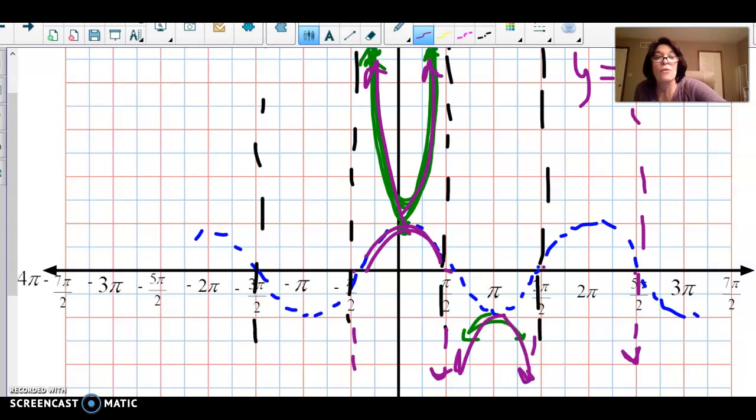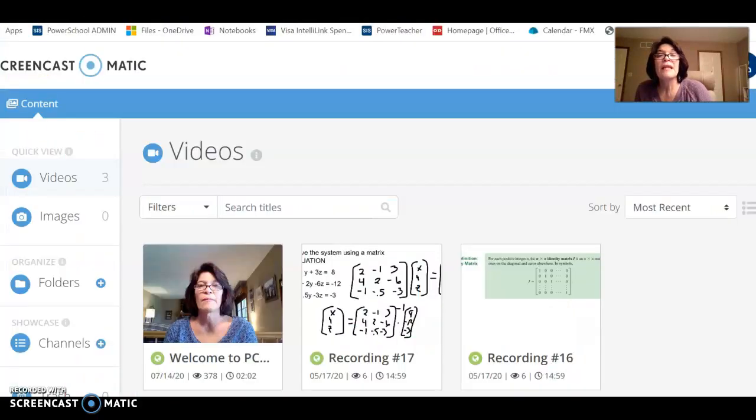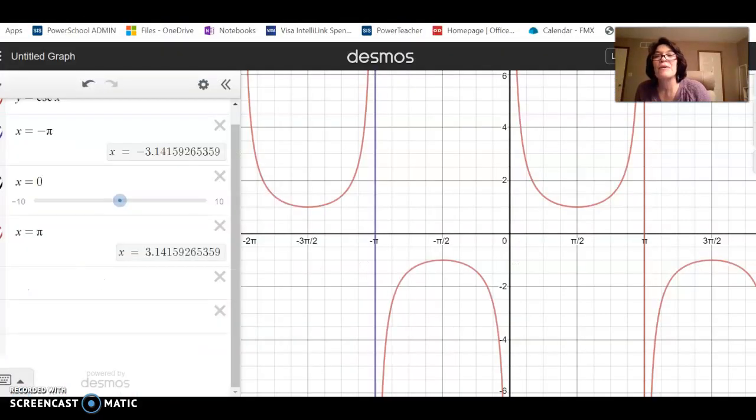The first parabola of cosine goes from negative pi over 2 to pi over 2. The second one, the one that's opening down, goes from pi over 2 to 3 pi over 2. All right. So again, let's look at it on Desmos.